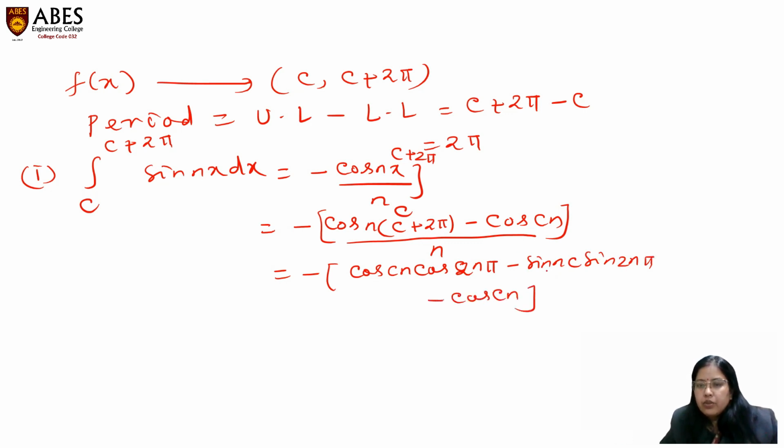So we know that this value will be equal to 0, since cos 2n pi is equal to 1 and sin 2n pi is 0.